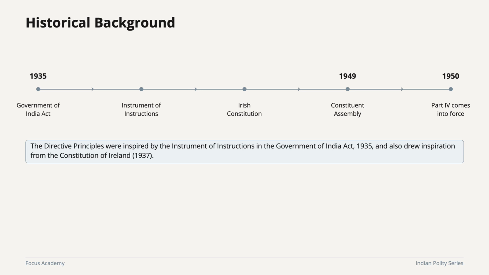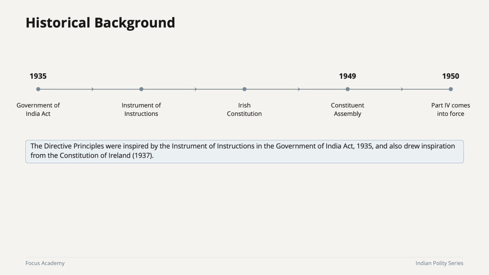Now, DPSP directs the state. Here, the Instrument of Instructions directed the Governor Generals, or in other words, the Viceroy. So it's the same, except it was during the British era. After that, the Instrument of Instructions was combined with the Irish Constitution.